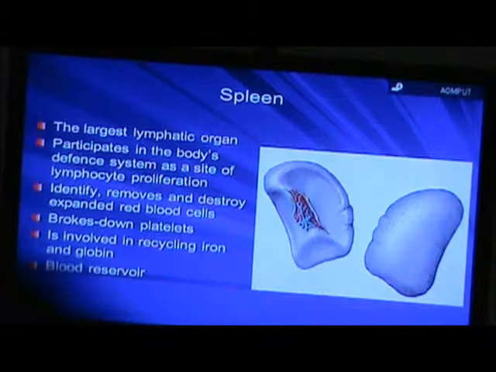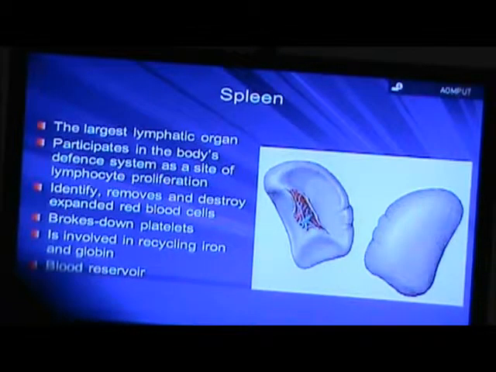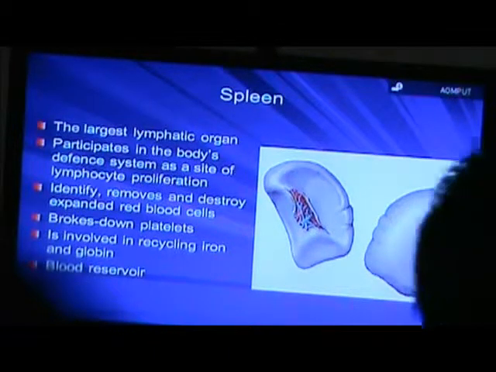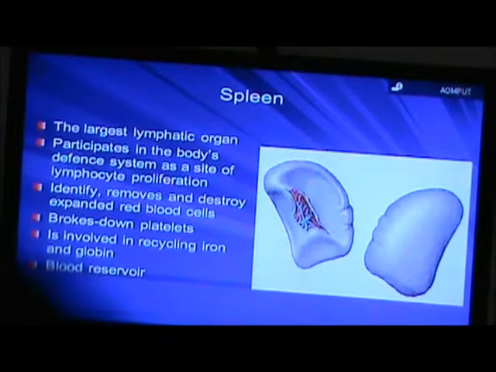10, 15 years ago, I remember some accident, a young girl, a student, had a car accident on Legionowa Street, and it wasn't recognized that her spleen had ruptured, and she died. So it was very sad information.